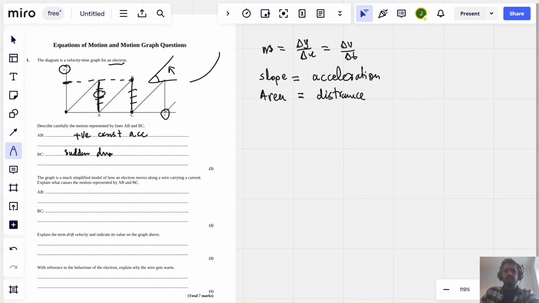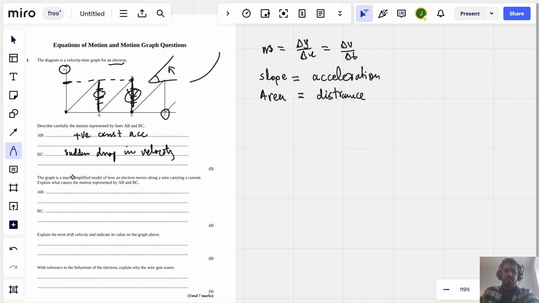Also, in terms of the slope, this line is going down, so it is kind of negative. It would represent infinite deceleration, but there is no such thing as infinite deceleration. So you can just ignore this vertical line and say that the velocity dropped from some positive value directly to zero, which in the case of the electron represents a collision.